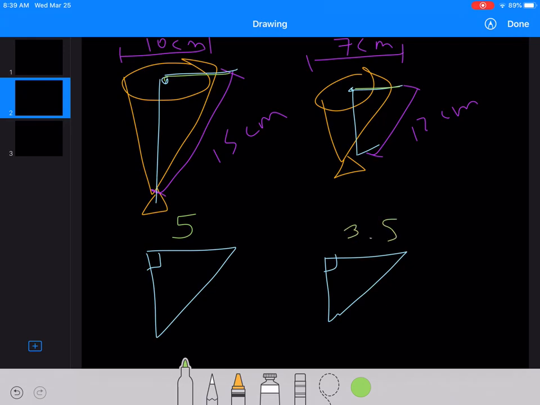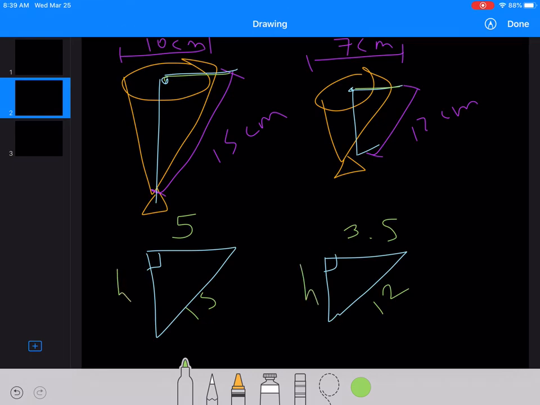And that's going to be 3.5 on that one. The next thing we're going to see is the diagonal length of the side, which is given to us as 15 centimeters. And the other one was 12 centimeters. So we're going to figure out what that h is on each one.